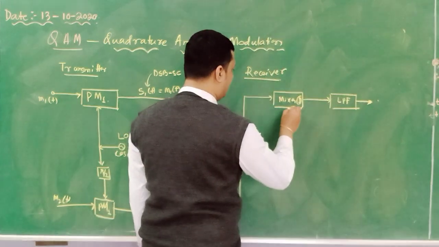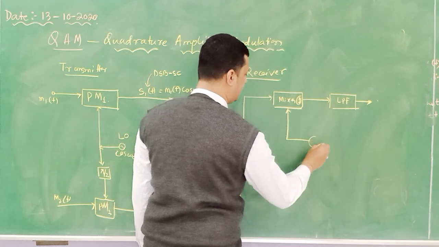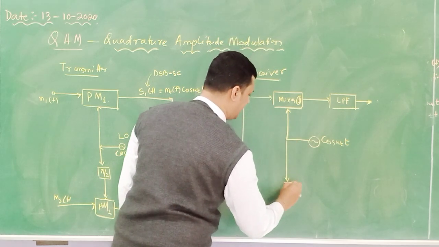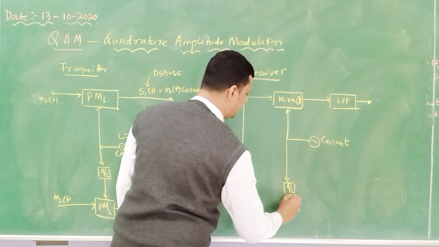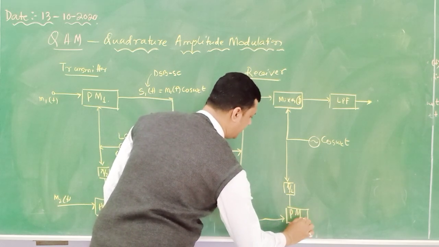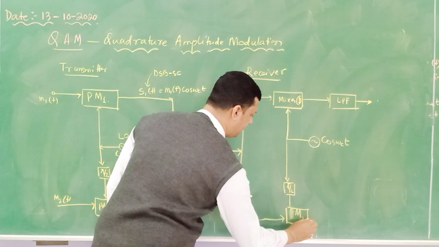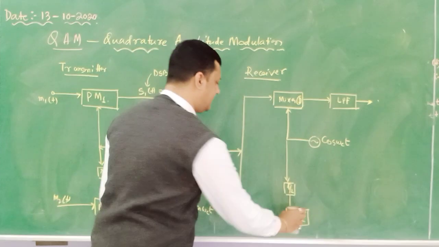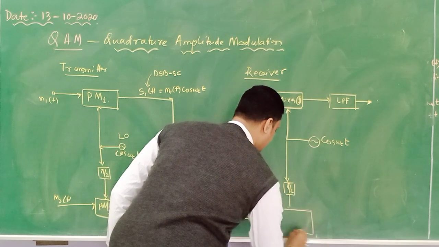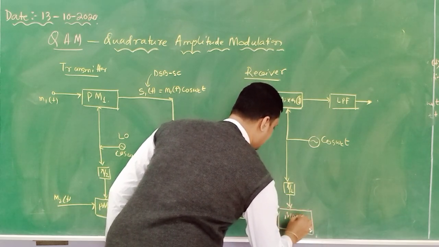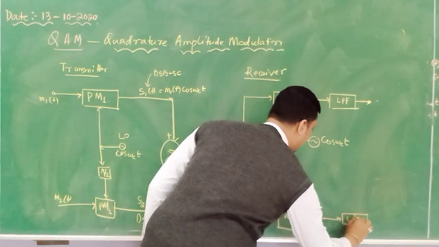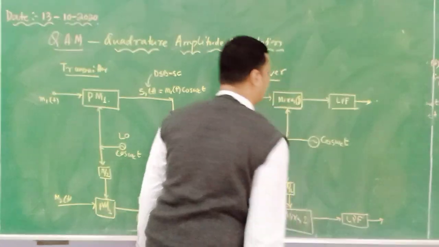To this mixer, cos omega ct is provided, and to the other one, a phase shifter, and here the product modulator, or you can say the second mixer M2, is available. It is mixer 2. The resultant output is followed by an LPF, and then we can extract the data.